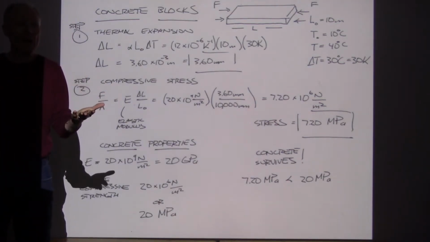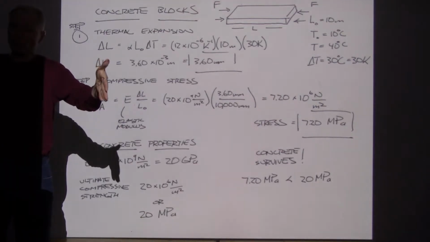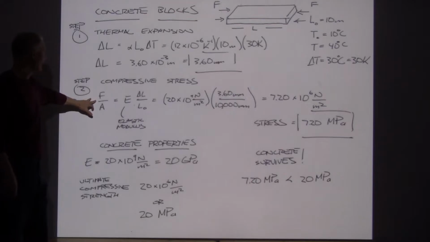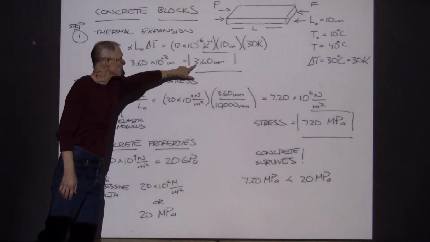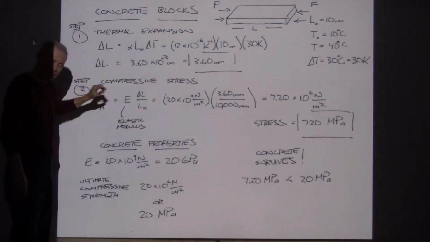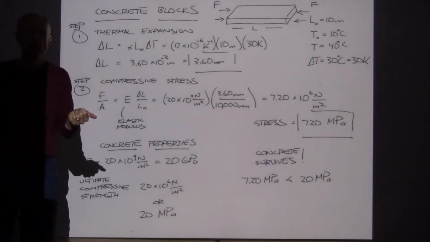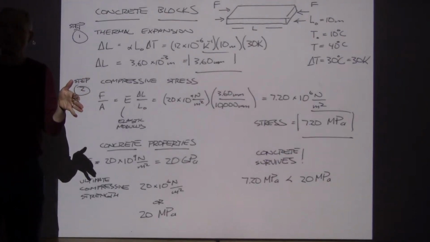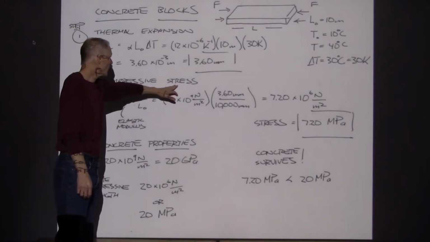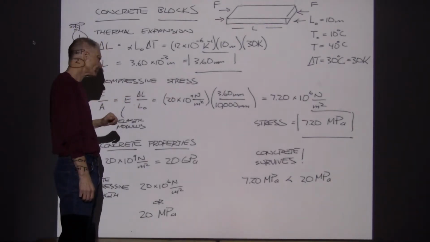Now we didn't get that because the blocks were constrained. And that says that we can now ask, how much stress would be enough to compress these by 3.6 millimeters? Here I'm using, again, the formulas from chapter 12. So we're looking at compressive stress, sorry, compression stress.